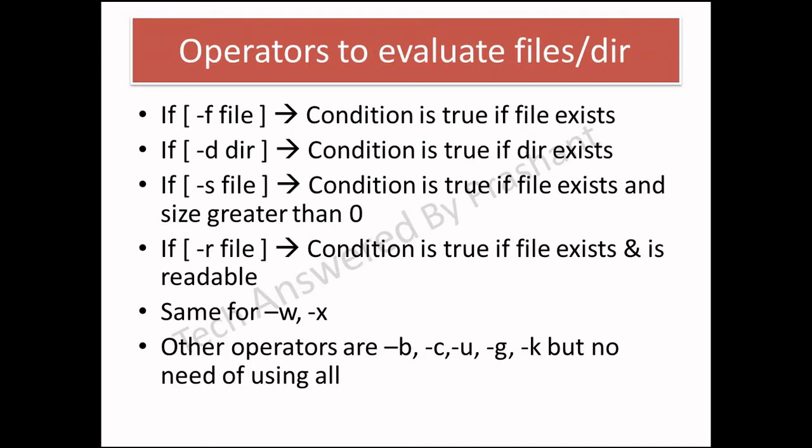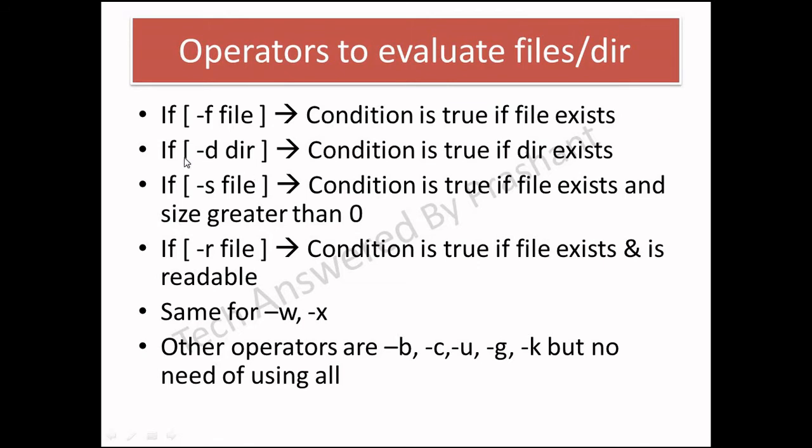Now operators for files or directory evaluation. In case of -f file, the condition is true if the file exists. Suppose I have to go inside a directory and then run some particular script files. First I have to verify whether the directory exists or not.